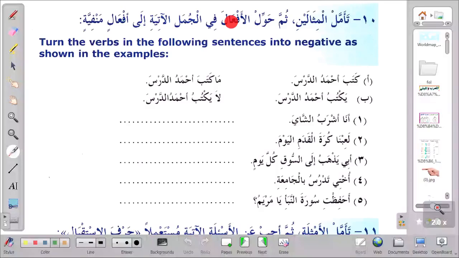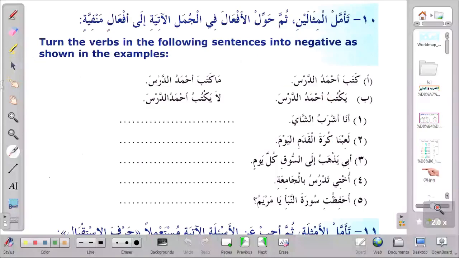Then we change the fi'l, one of the verbs, في الجمل الآتية, in the following sentences, إلى أفعال منفية, into negative verbs. When we say منفية, بمعنى negation, right? So they simply want you to negate the sentences that they have given us here.